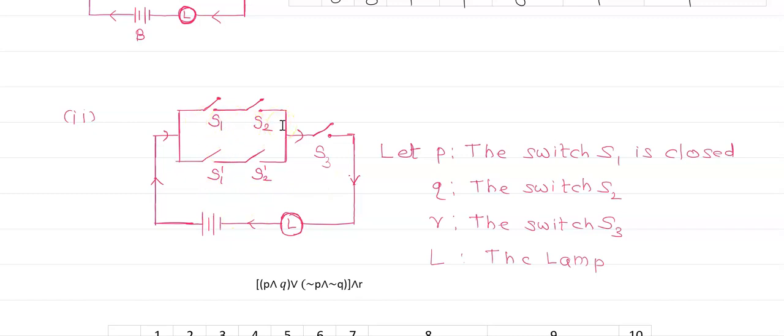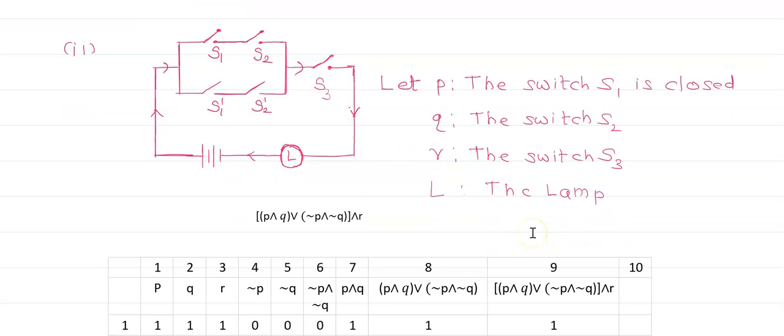S1 and S2 are parallel with S1 dash and S2 dash, where S1 dash and S2 dash are in series. Next, this total block is in series with S3. Let P be the switch S1 being closed, Q the switch S2 closed, R the switch S3, L is the lamp, and now we'll write the logical statement.